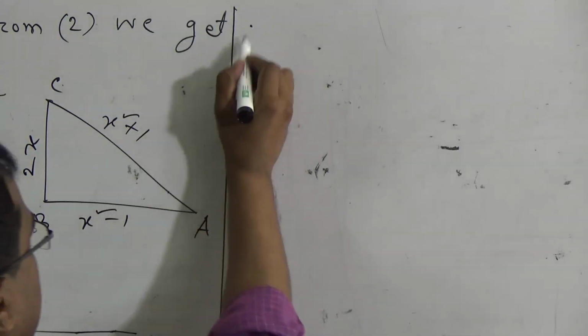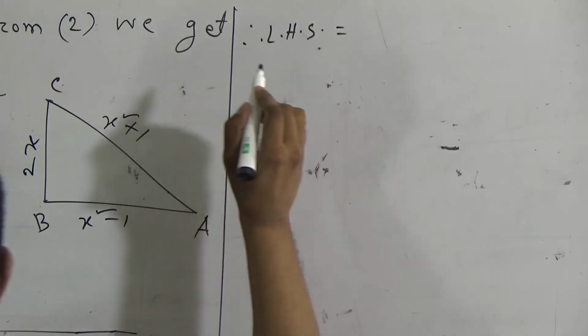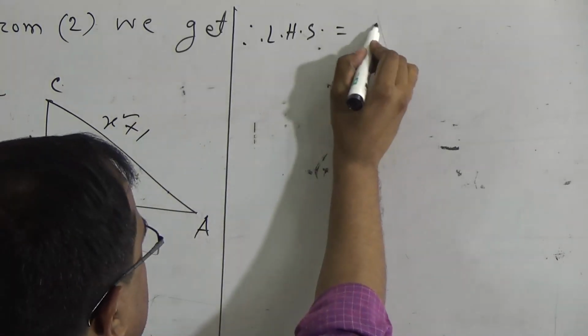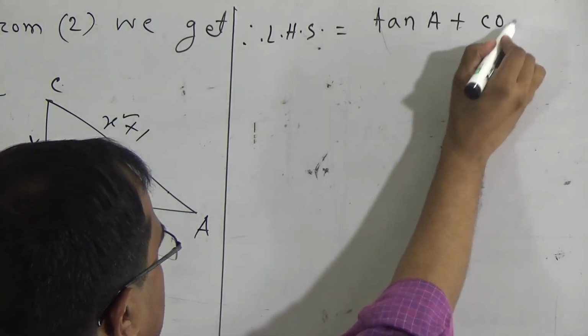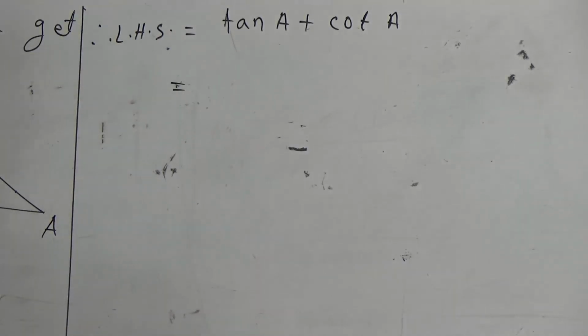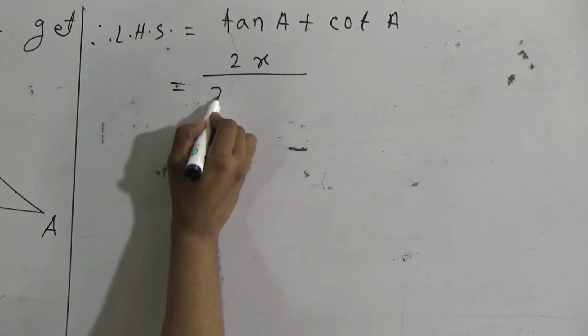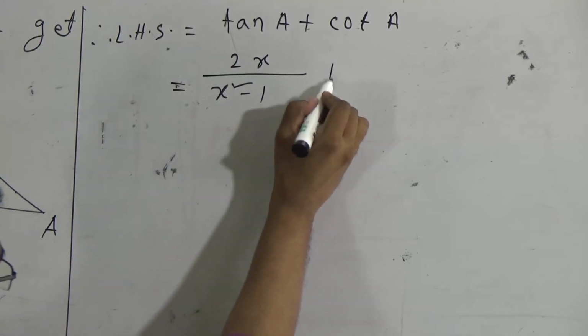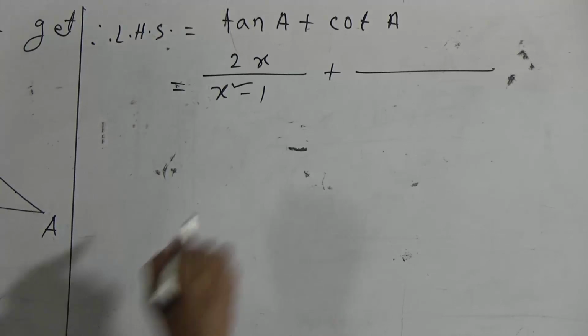Now the left hand side is equal to tan A plus cot A. Here tan A is equal to 2x by x square minus 1, plus cot A, which is equal to x square minus 1 by 2x.